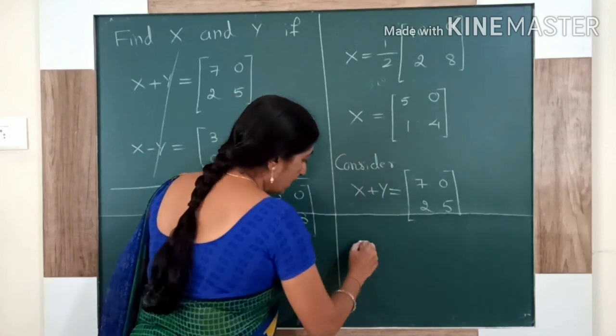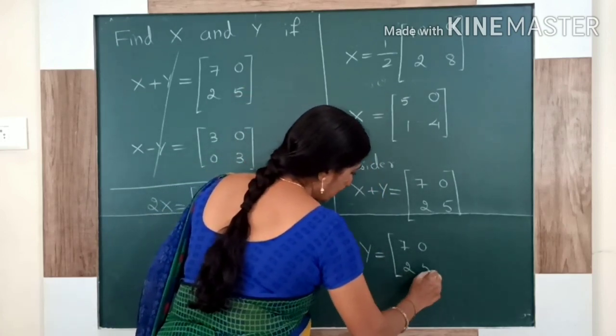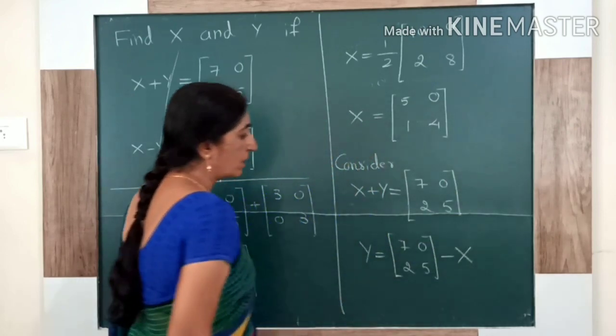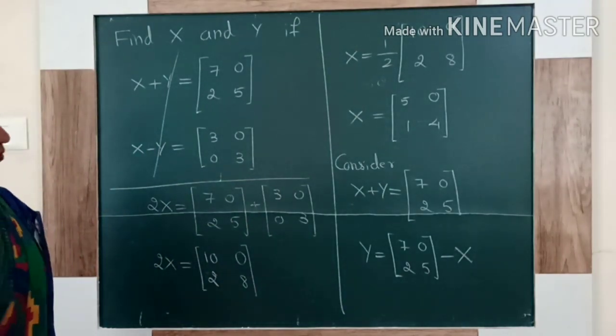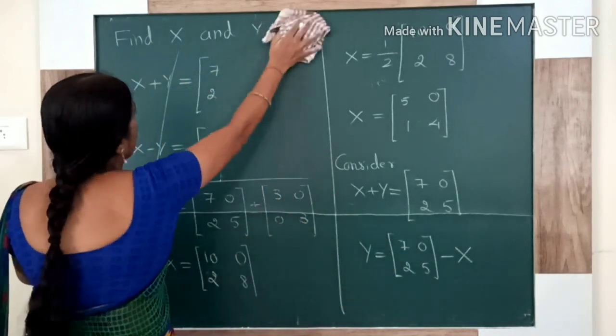Then we want y, so keep y as it is. Take x to that side. You are familiar. When you take it to that side, it becomes subtraction because here it is addition. Now we already calculated the x value, just substitute that x value.